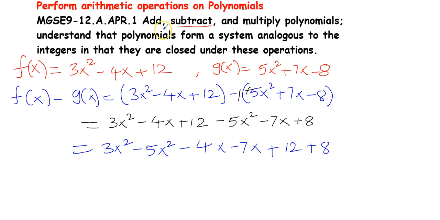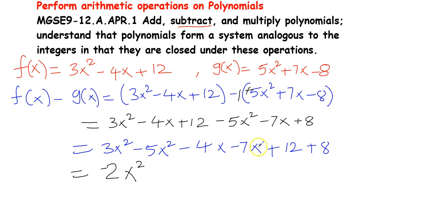Alright, so 3x square minus 5x square, that is from 3 I am taking away 5. So 3 minus 5 is 2 with a negative sign. That is, 5 minus 3 is 2. Bigger number is negative, so that's the thing. Minus 2x square.